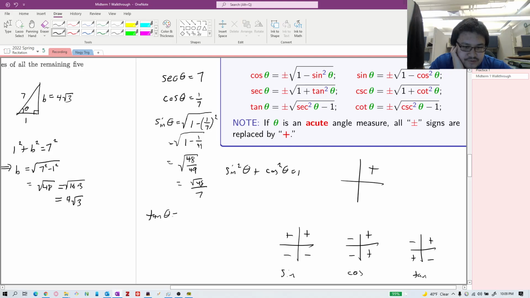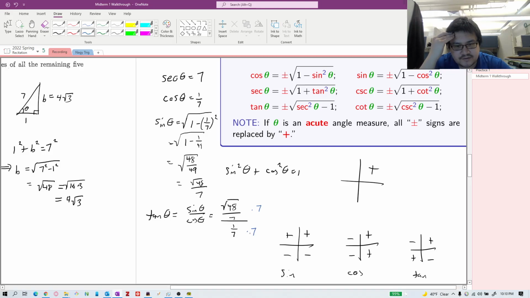So tangent is the sine over cosine. Sine is root 48 over 7, cosine is 1 over 7. How do we simplify this complex fraction? Easiest way to think about this: multiply top and bottom by 7.